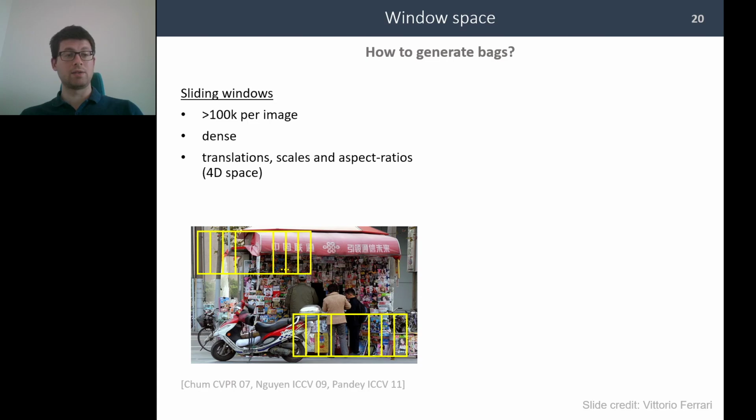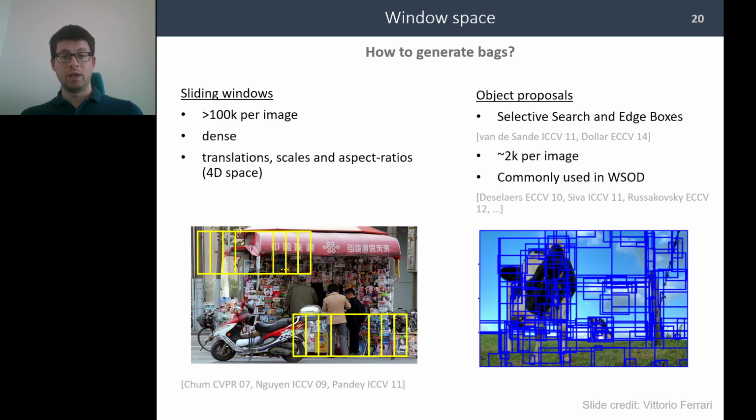In this four-dimensional space of translations, scales, and aspect ratios, we can define a parameter set and then generate a dense set of windows. But the issue here is we may end up with too many, more than 100K regions per image. This can be quite expensive for a model to iterate.